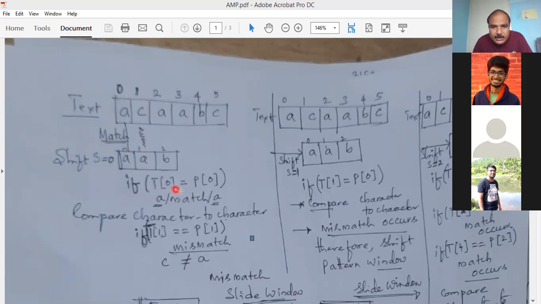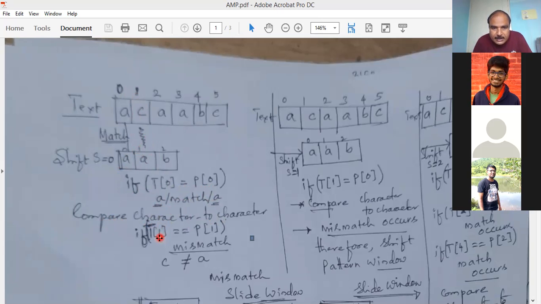So if t of 0 is equal to p of 0, that is, a is equal to a, there is a match. So compare character to character, and if it is a match, increment the index of the text and the index of the pattern.